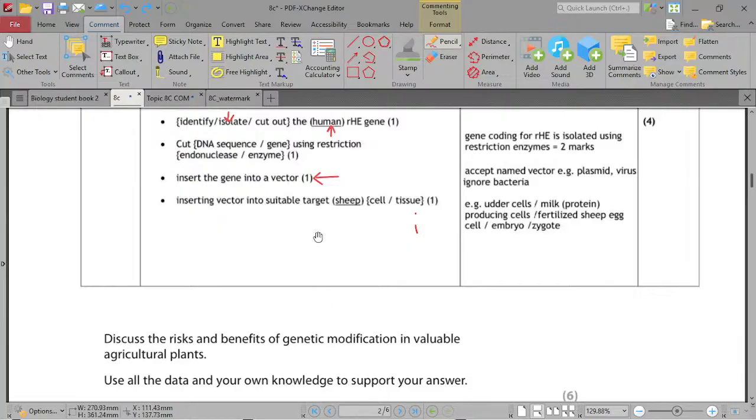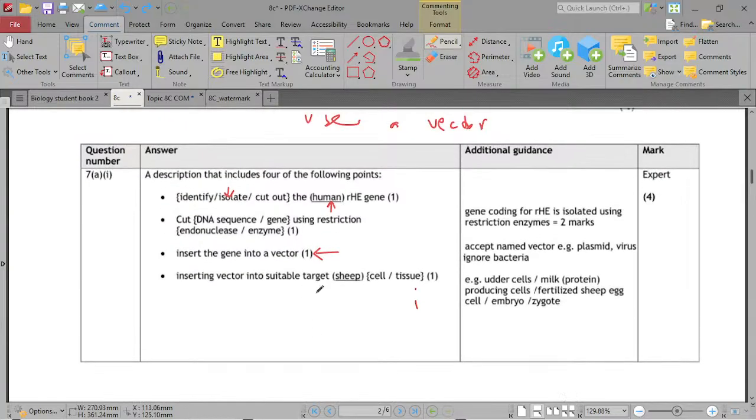Again, isolate the RHE gene and cut it out of the DNA strand using restriction endonuclease enzyme. Then insert it into a vector. See, when we say insert it into a vector, that does not mean we insert into the plasmid. We insert the plasmid into something else.